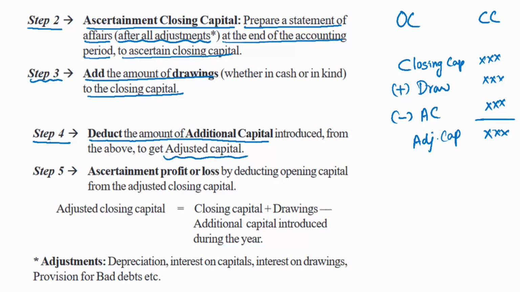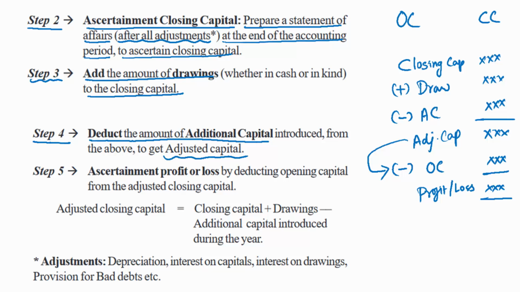Now we can find out profit or loss by comparing the adjusted capital with the opening capital. So, less opening capital. When you compare the adjusted capital with the opening capital, you get a difference, and this difference is going to be the profit or loss.